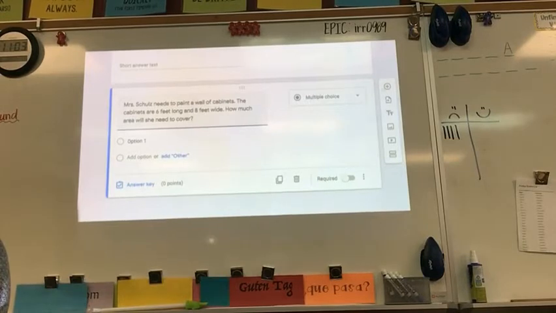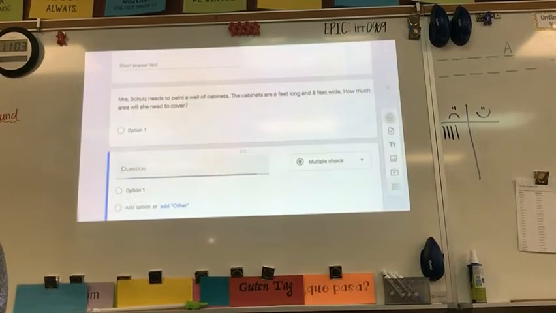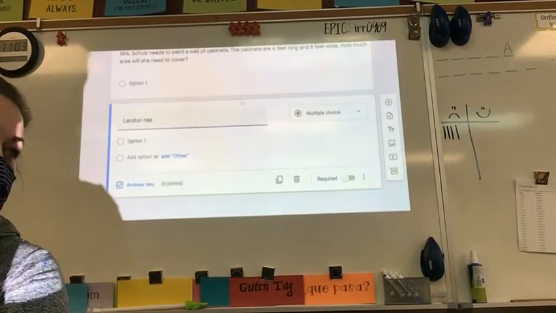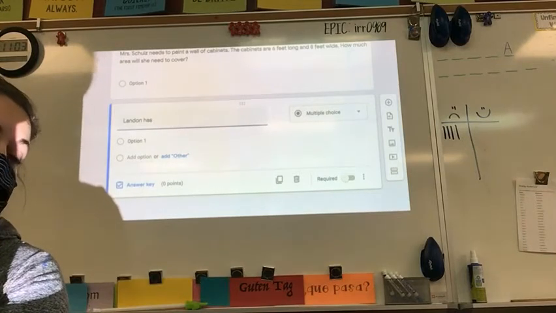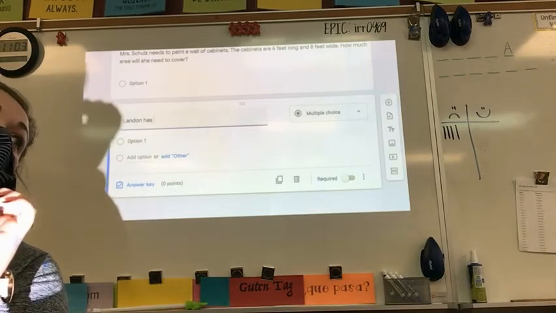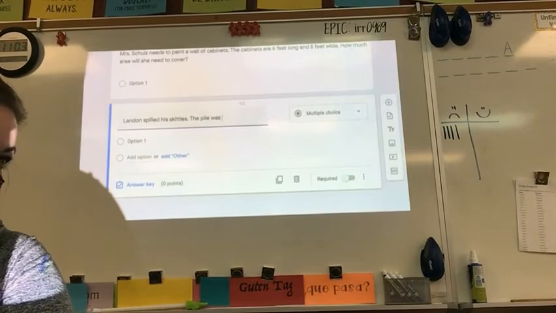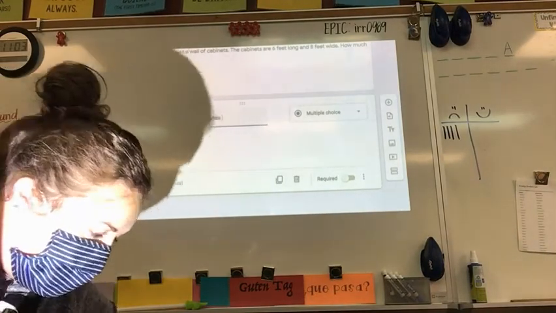Let's see, I want Landon. Landon has 56 Skittles. It's got to be something that's going in an area, right? So maybe let's say Landon spilled his Skittles. The pile was, how much space on the floor did they spill into?